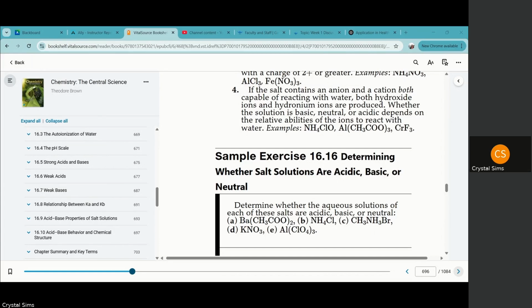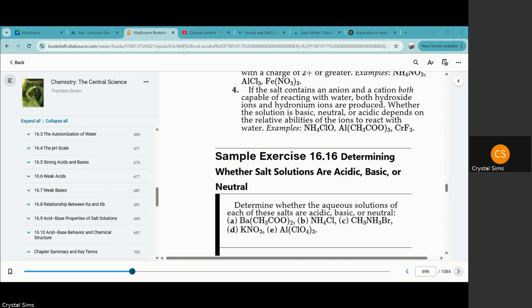Based on our rules, it's not going to react with water, so it's not going to affect the pH. The anion, the acetate ion, is the conjugate base of a weak acid, acetic acid, and it will hydrolyze to produce hydroxide ions, which will make the solution basic.